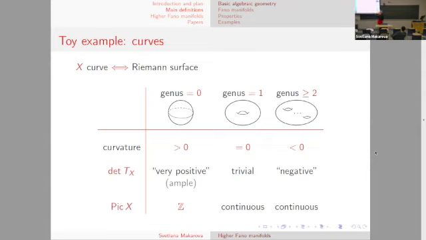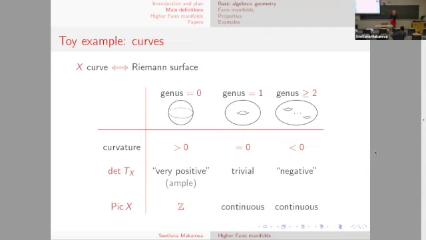Genus 1 curves can be thought of roughly as a surface of a donut, a torus. And they have 0 curvature because we can also think of them as we take the complex plane, C, and if we pick a square or a rectangle on this plane, we can glue the top to bottom sides and the left to right side.